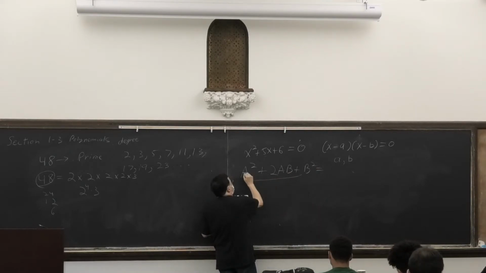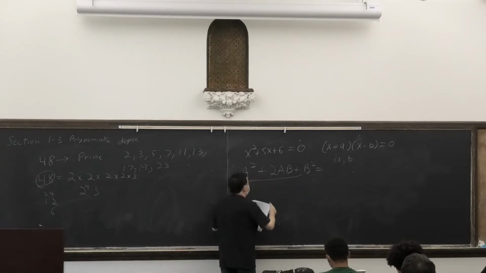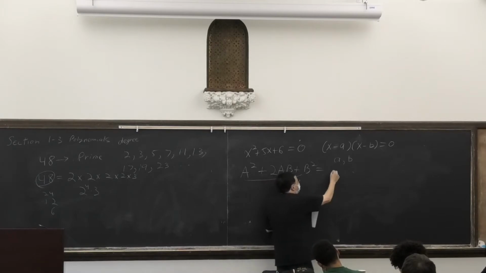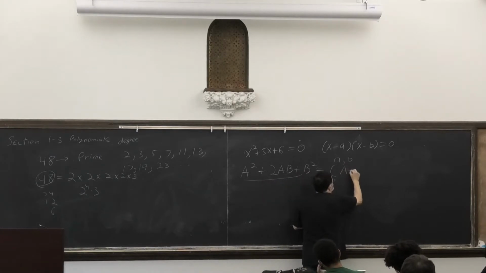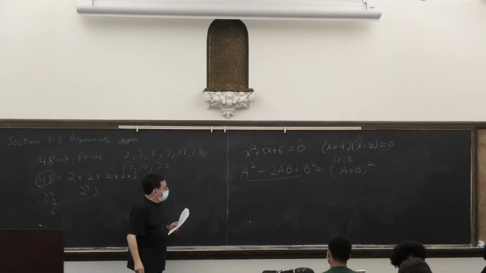Whenever you see something squared, 2 times those numbers, right, a squared plus 2ab plus b squared, this factors to a plus b squared. Very important pattern to know.